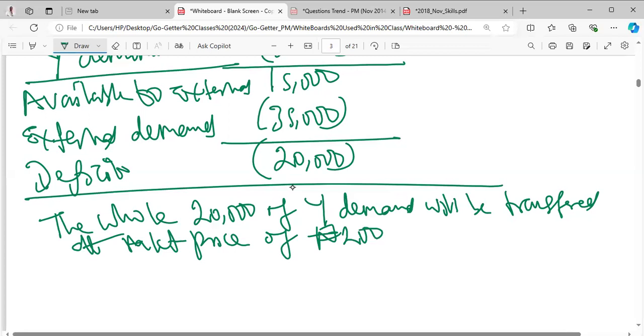So the whole 20,000 you are giving Y, you transfer at 200 naira. None at variable cost because that is the same deficit.